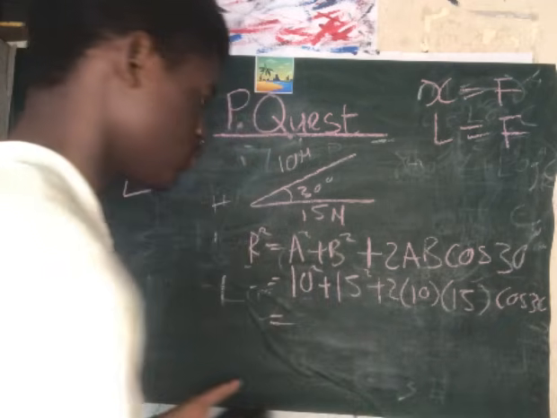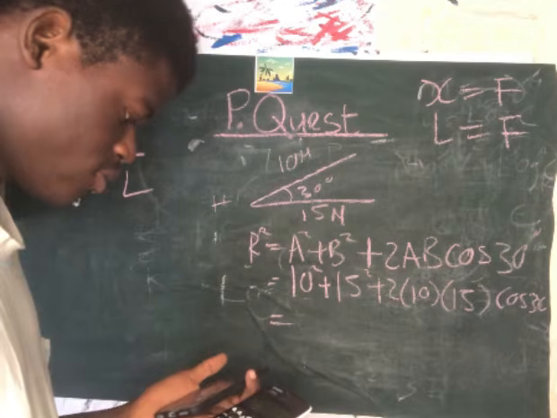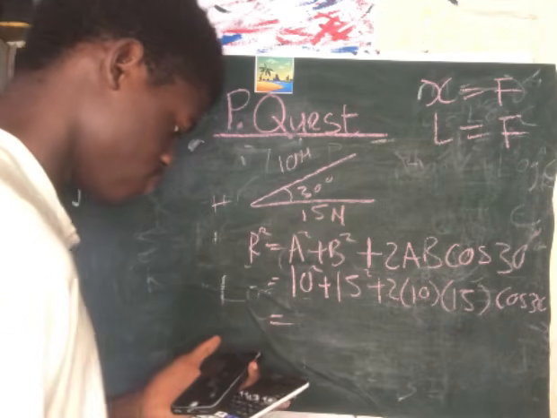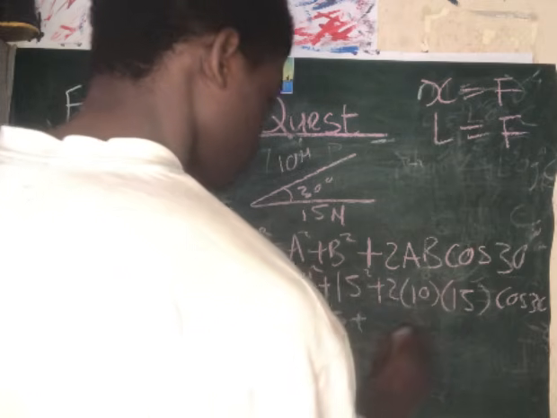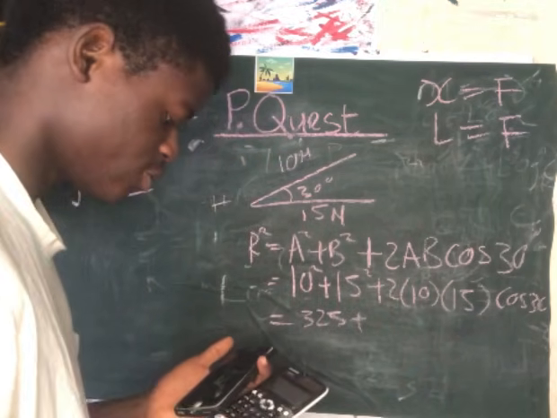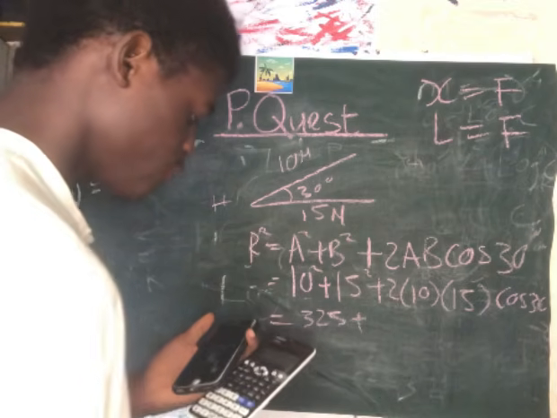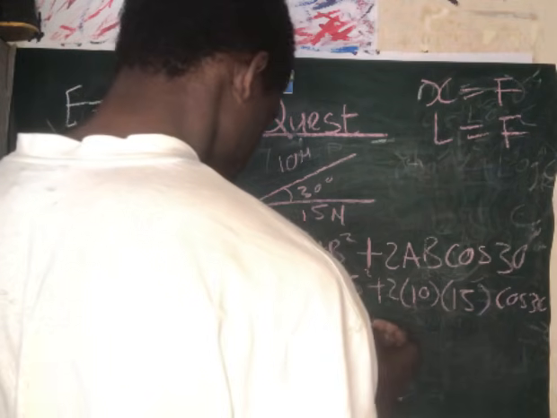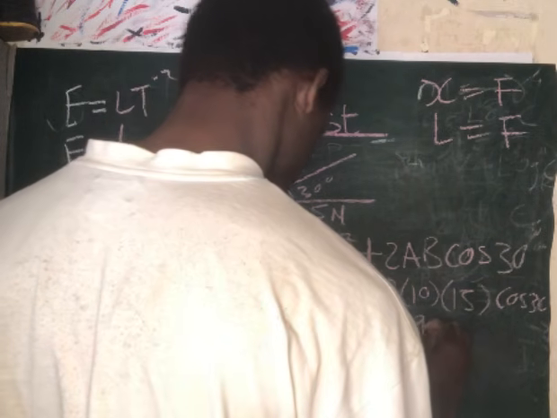So let's just get the answer. 10 squared plus 15 squared is 325. Plus this will be 300 cos 30. 300 cos 30 is 259.81.